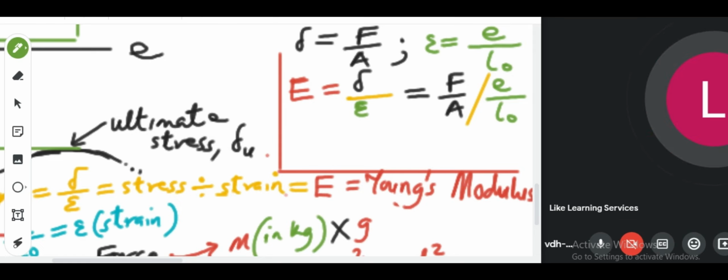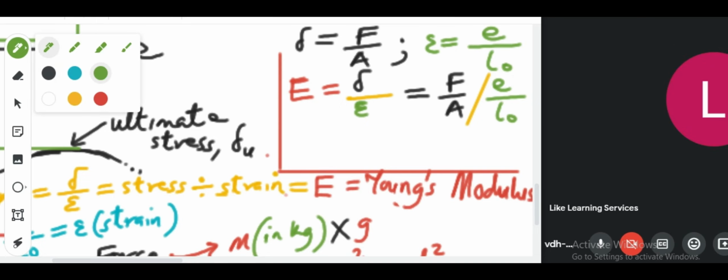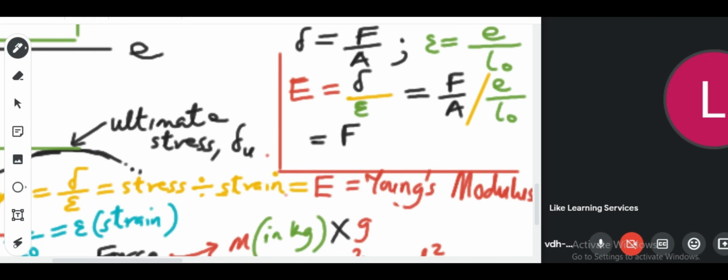Simplifying that further will give us this. Force times original length divided by cross-sectional area times extension.